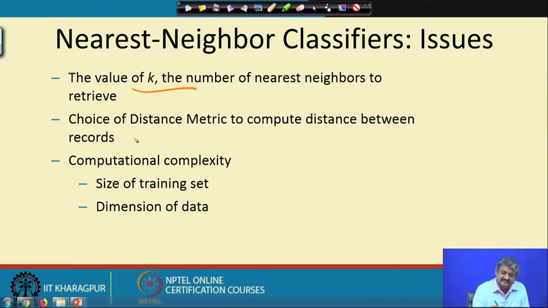You have to choose a distance measure, because nearest neighbor is defined only when a distance is defined. You have to choose what size training set you want, how many points to keep in the training examples. That will depend on how much computational complexity you can afford, how much time you can afford to classify.